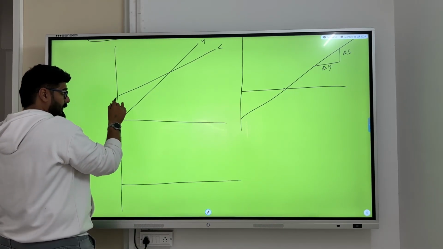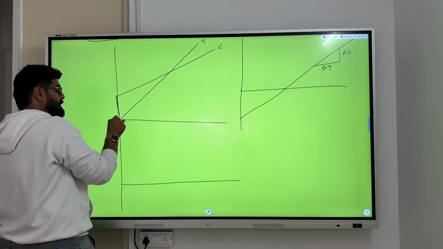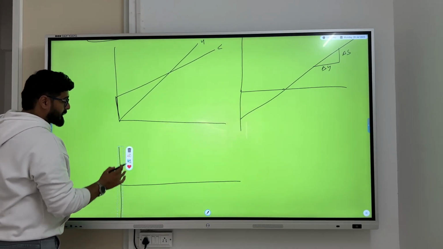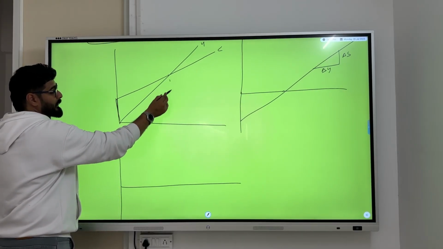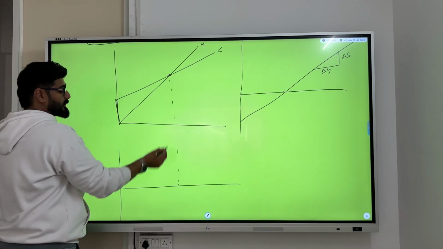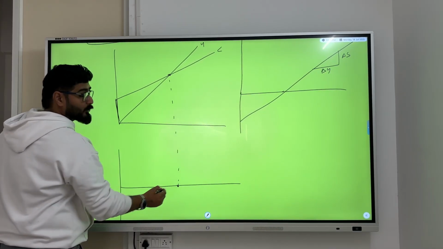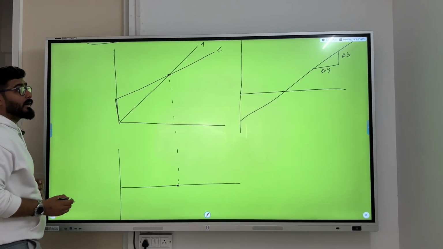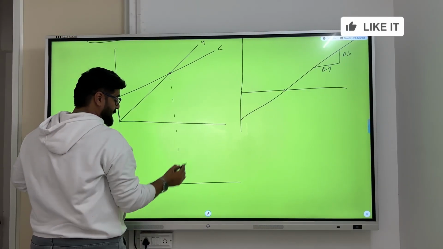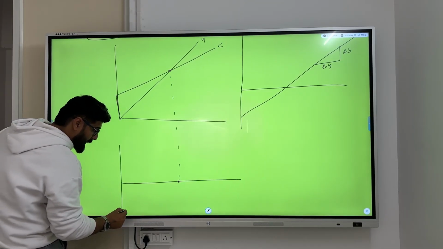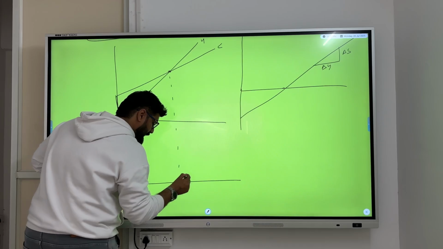In the beginning my consumption is more than income, that's why my savings start over here. But at this point my income is equal to consumption, so at that point saving is going to be 0. After that my income is more than consumption, so from here the saving starts. So I will be drawing it something like this.